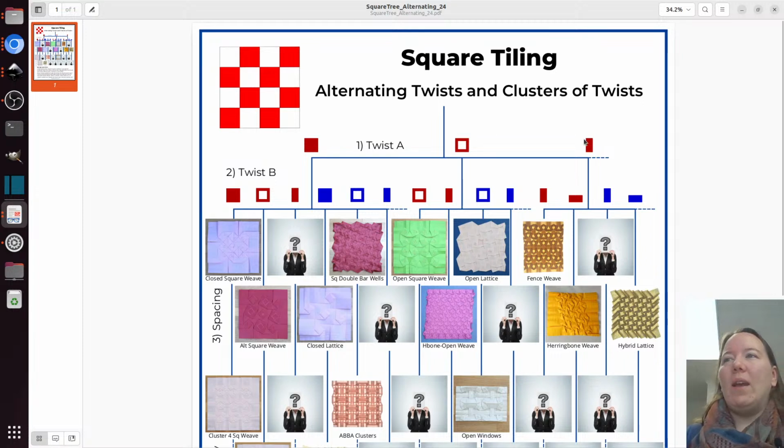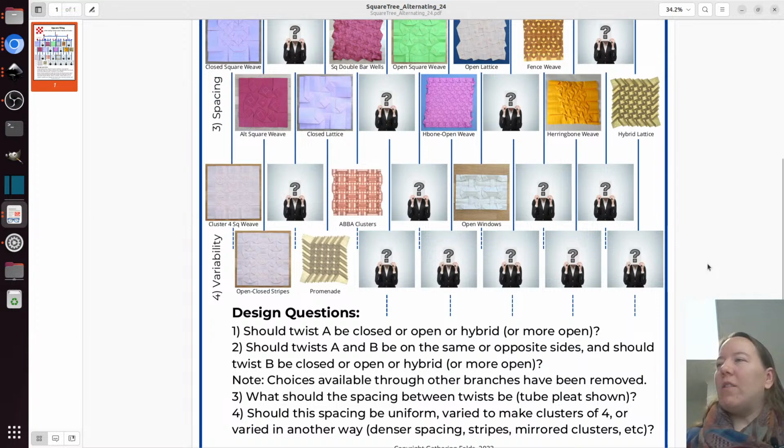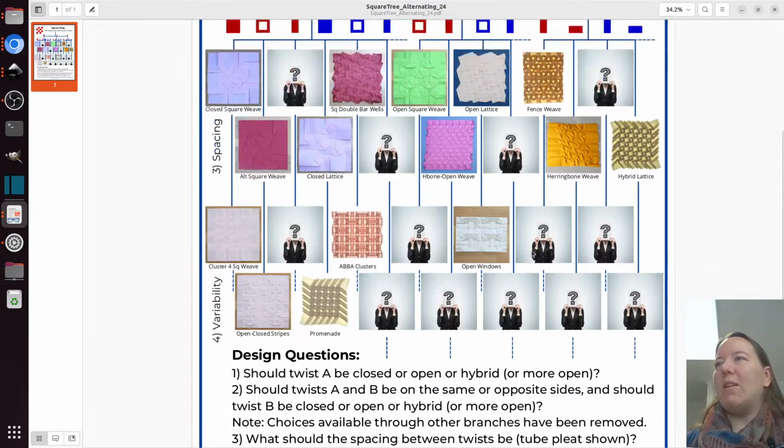Or I can say, okay, I want to have a hybrid twist on one side and then a hybrid twist in the opposite orientation on the other side. And that gets you to hybrid lattice, which has also been taught inside of Tessellation Academy. And then it goes down further and says, well, what if you're not just alternating two twists? What if you're applying those mirror symmetries around groups of twists?